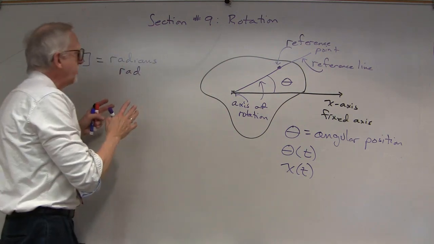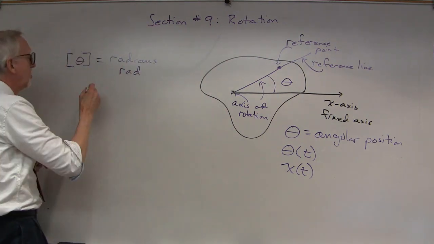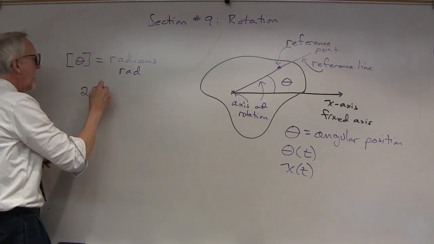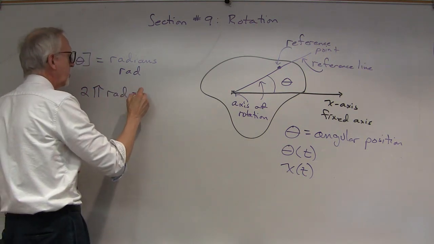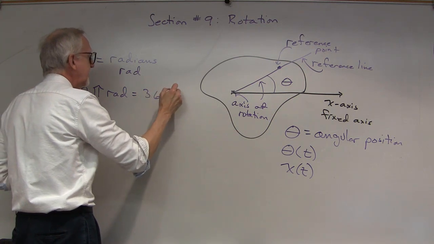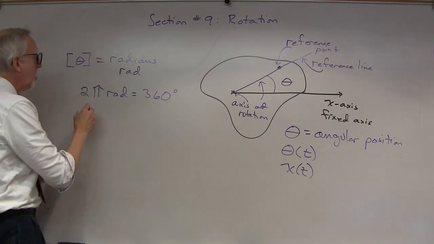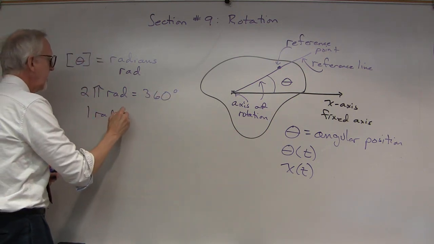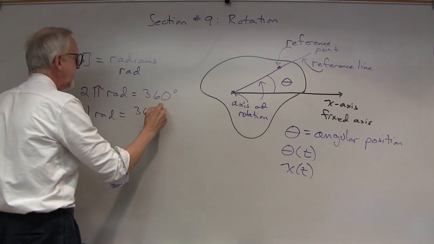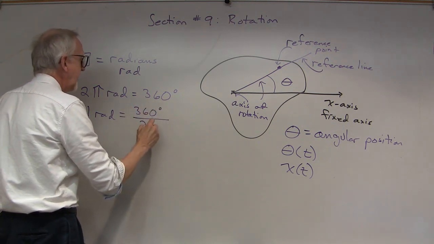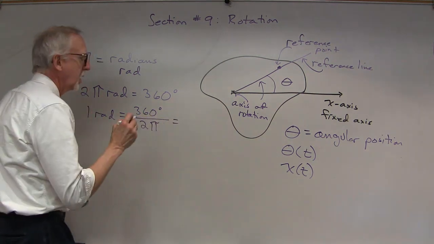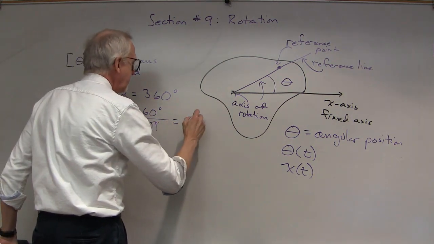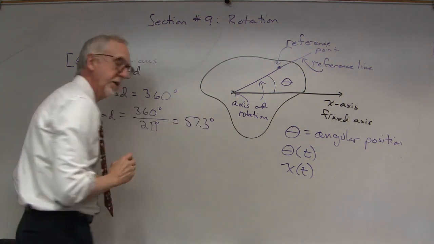Well, what's the conversion between radians and degrees? Well, what we have is that 2 pi radians make one complete circle. In other words, 360 degrees. So 1 radian is equal to 360 degrees divided by 2 pi. Well, that turns out to be about 57.3 degrees.